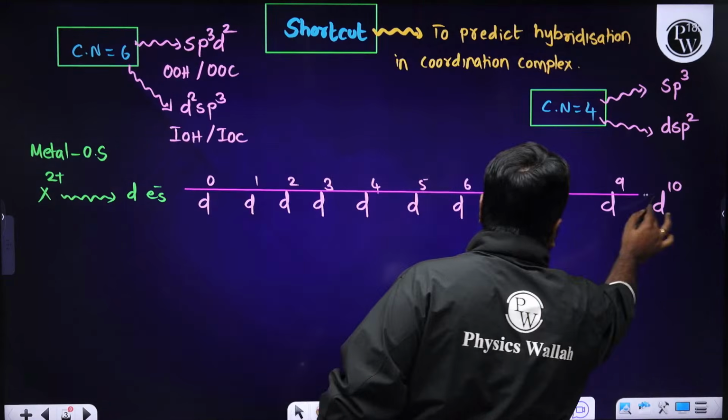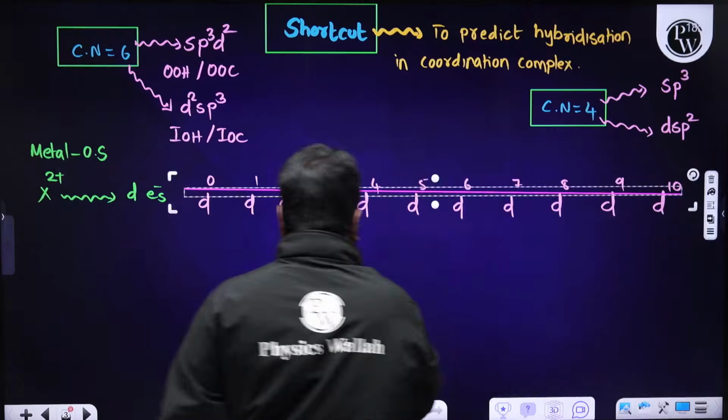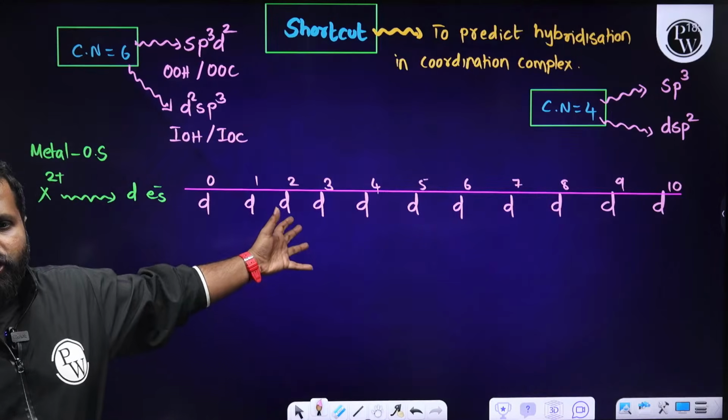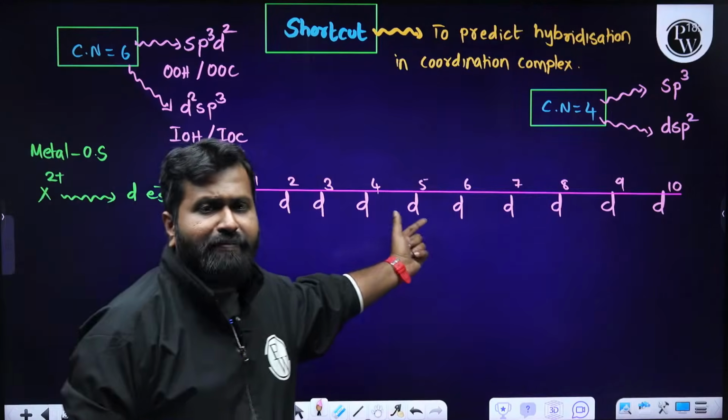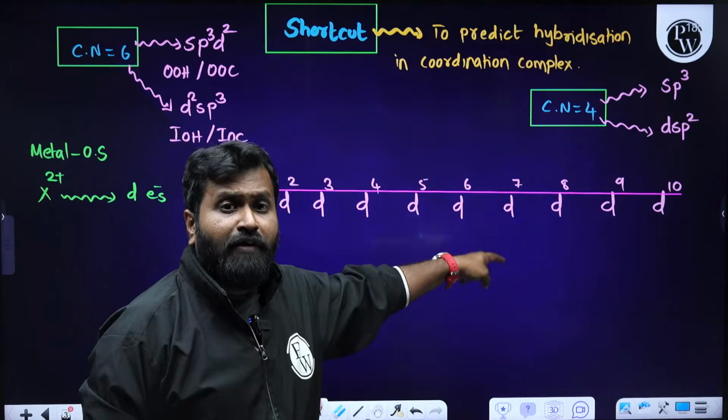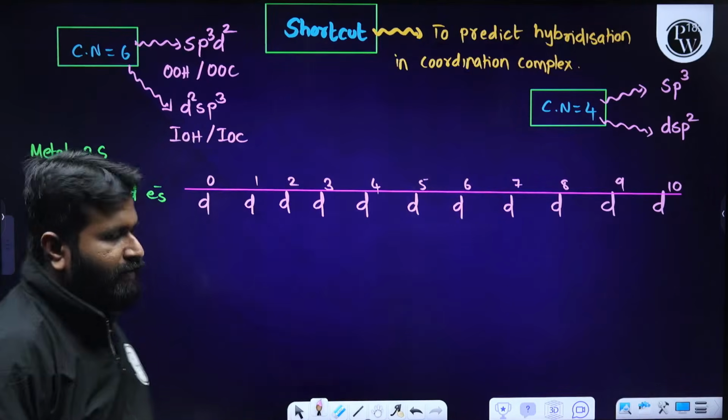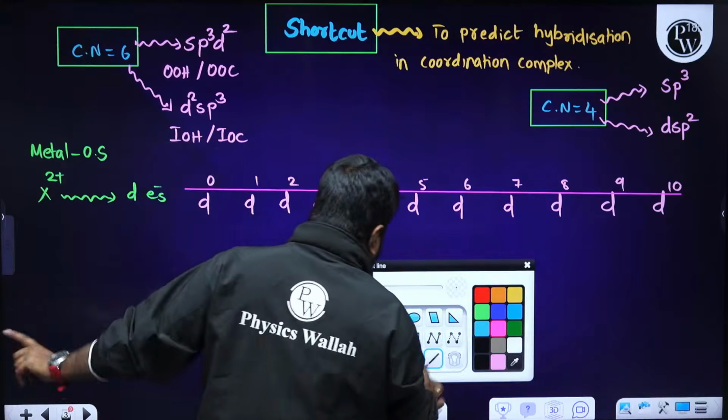Do you agree or not? Yes. These are all the different d electron counts possible for the central metal atom in a particular oxidation state inside the complex. Directly I am telling, no need to waste our time.